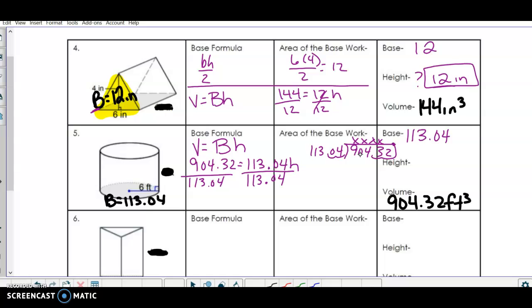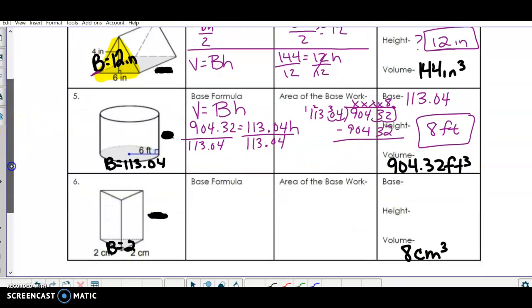Let's try 8. 8 times 4 is 32. 8 times 0 plus 3 is 3. 8 times 3 is 24. 8 times 1 plus 2 is 10. And 8 plus, there we go. So our height is in fact 8 feet. So we need to be able to manipulate that and work backwards.